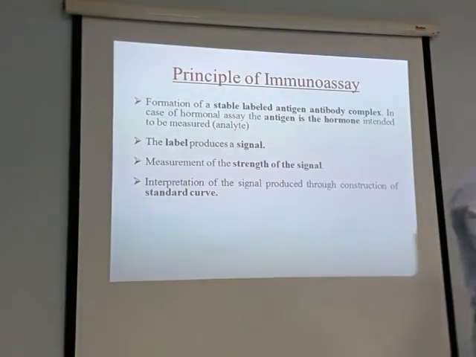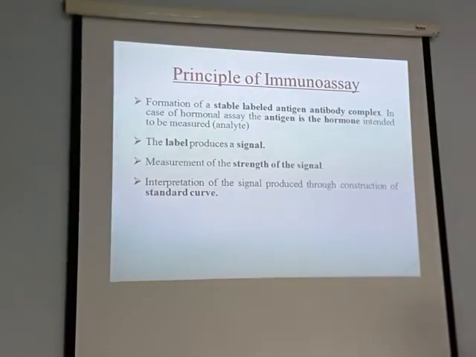So what is the basic principle? What is the core principle of the immunoassay? Now I am not talking about ELISA or radio, just about the immunoassay. It is the formation of a stable labeled antigen and antibody complex, in the case of a hormonal assay.